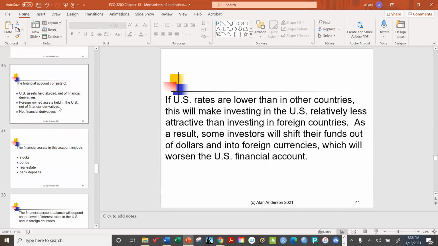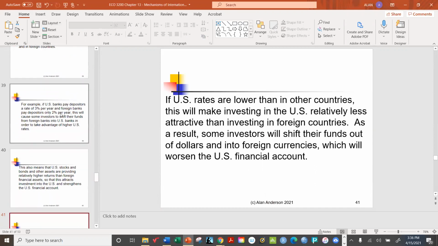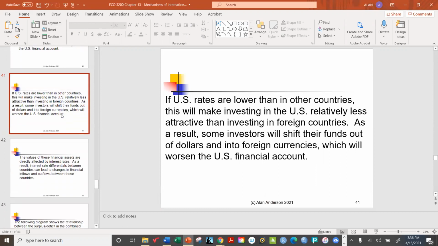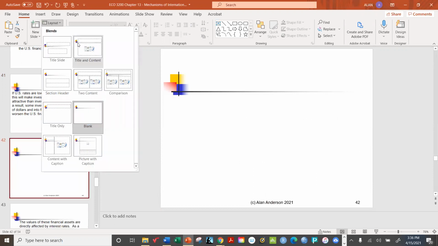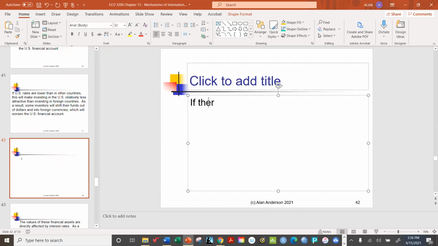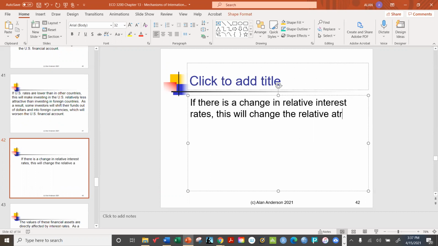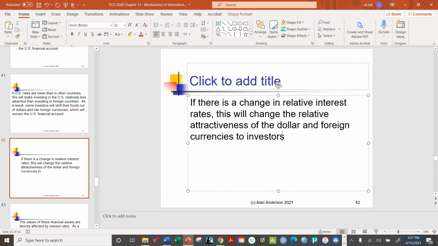Now, having said all of that, if there's a change in interest rates, I guess what I should say here is in relative interest rates, this will change the relative attractiveness of the dollar and foreign currencies to investors.